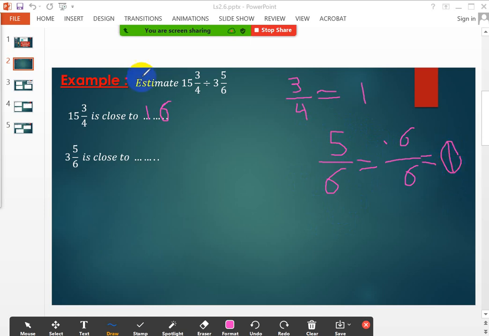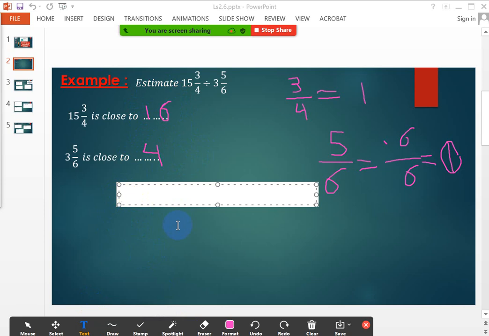And if I add this 1 to the 3, the number becomes 4. So we name 16 and 4 compatible numbers.